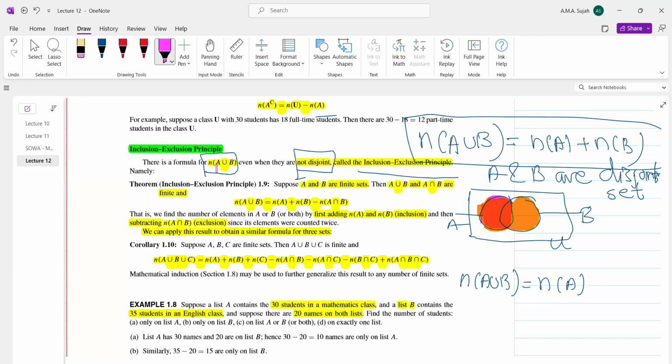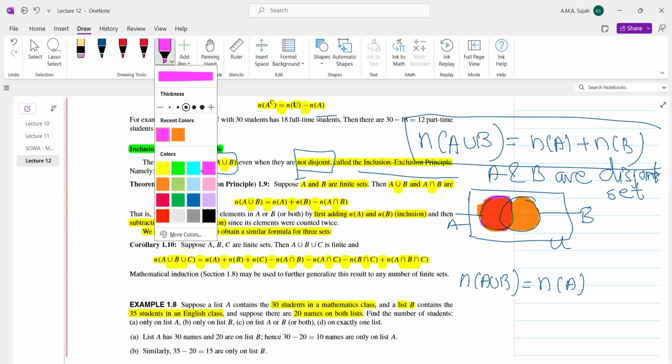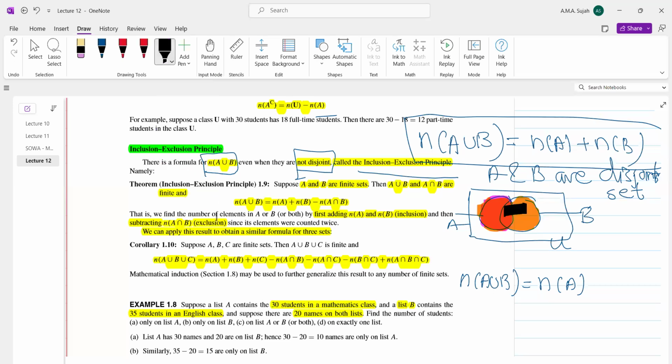The number of elements in B means, just imagine here, this area. So it means the intersection area.